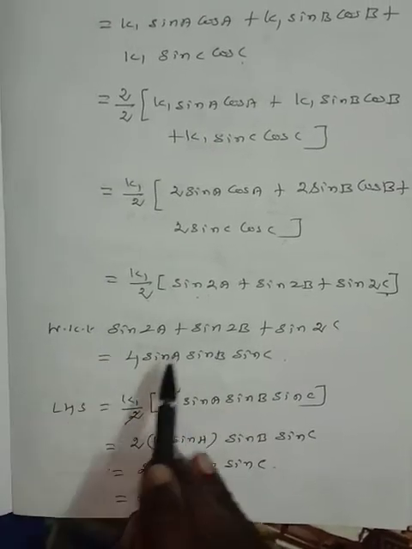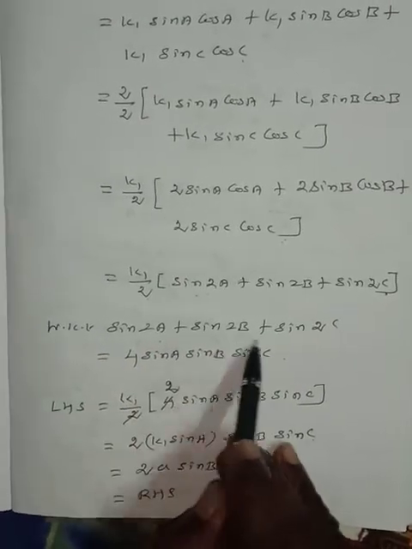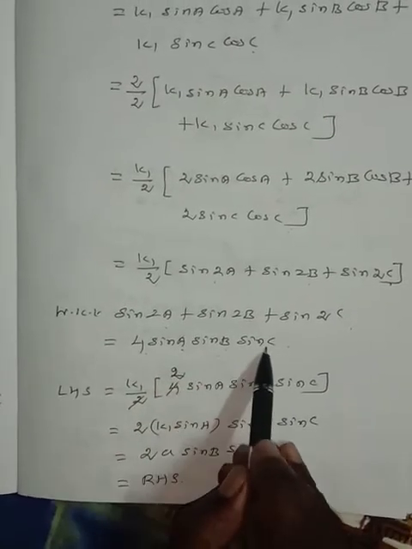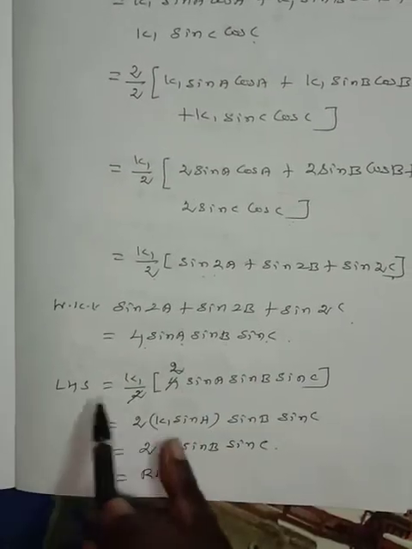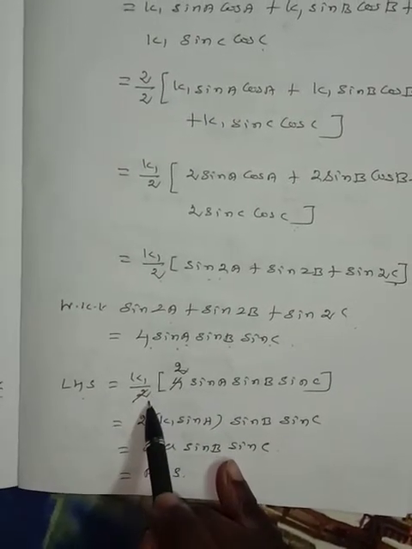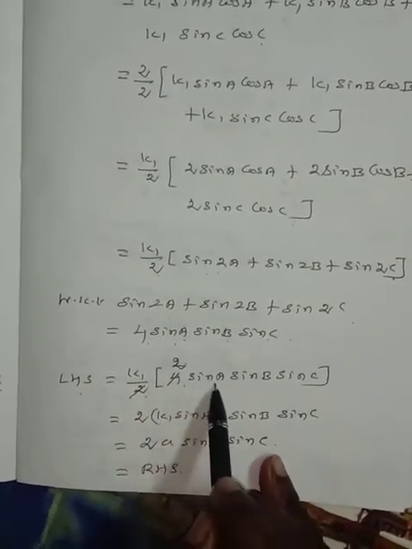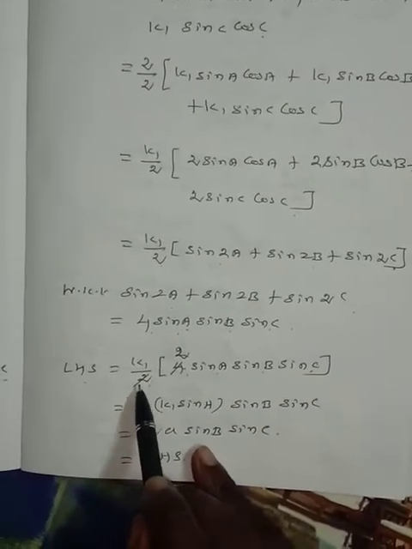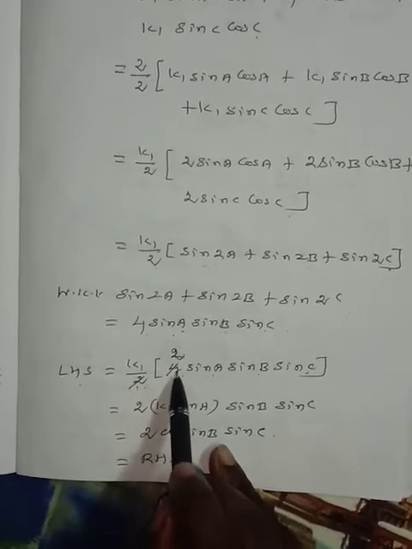We know that sin 2A plus sin 2B plus sin 2C is equal to 4 sin A sin B sin C, already proved. Therefore, using this result, we have LHS equal to K1 divided by 2 into 4 sin A sin B sin C. 2 into 2 is 4, 2 twos are 4.